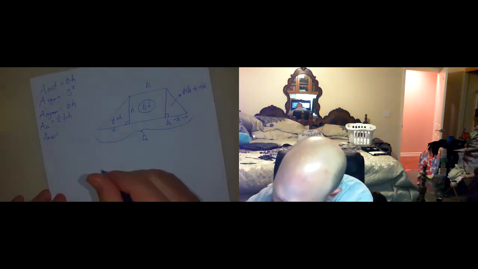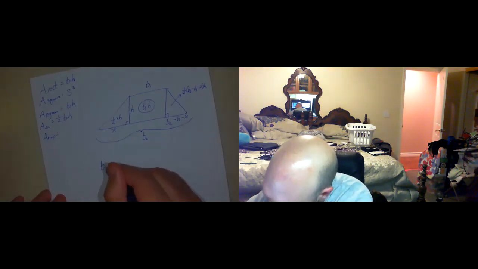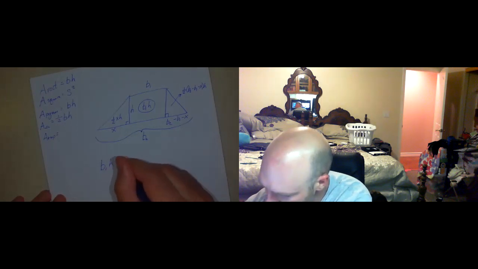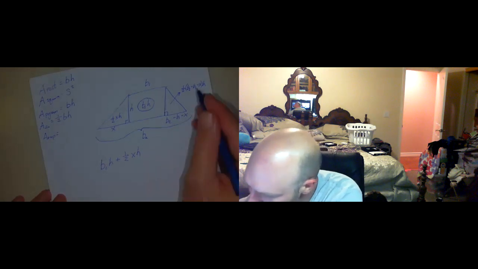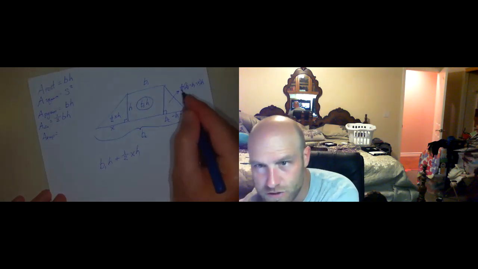So when I add these things together, I have base 1 times height plus 1/2 xh. And let me do some distribution here, distribute both the 1/2 and the h.